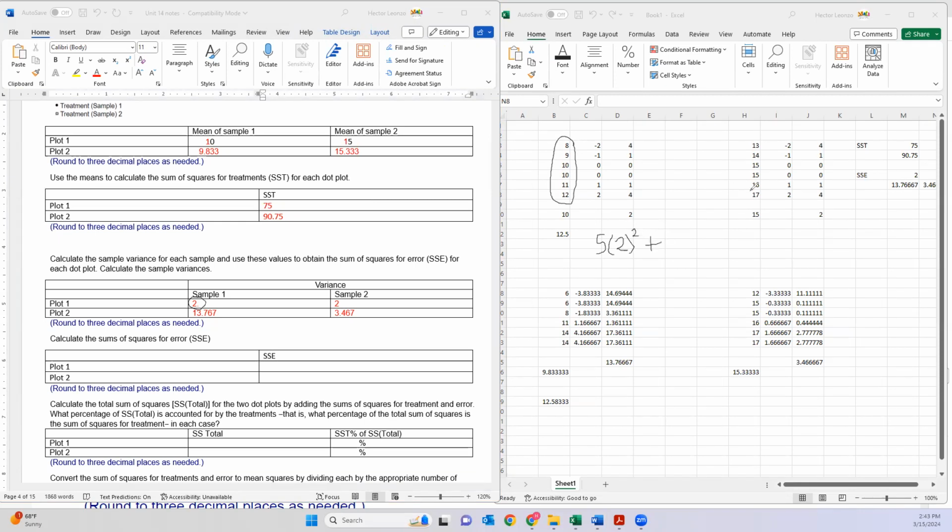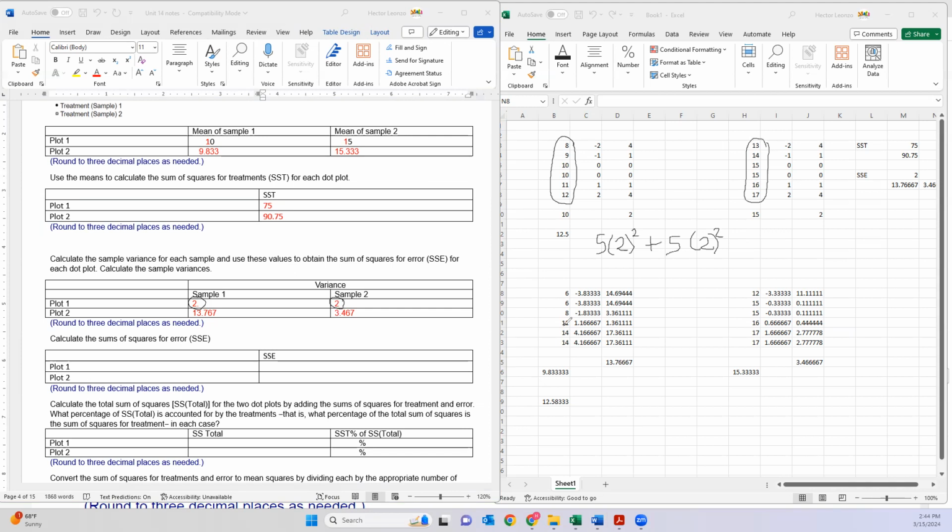Plus, I'm going to see my sample 2. How many numbers are there? 6 minus 1, because I'm going to do one less. So 5. And then my variance was 2, right? Squared. And that's going to give me my sum of the squares for error from plot 1.